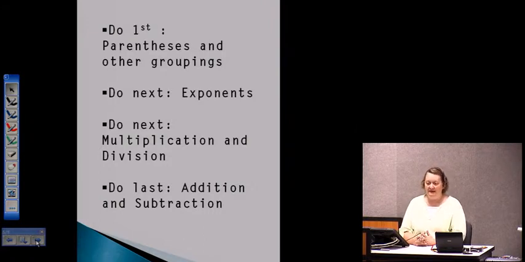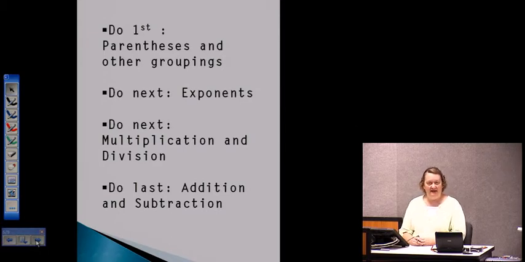Some of the other groupings you'll see now, some of them you won't see till later classes. These other groupings include things like fractions, square roots, absolute values, and you may see some additional ones, but anything that groups your data or groups your numbers are your other groupings.